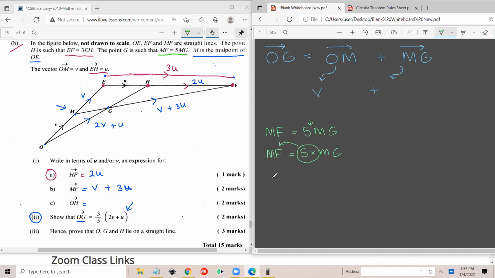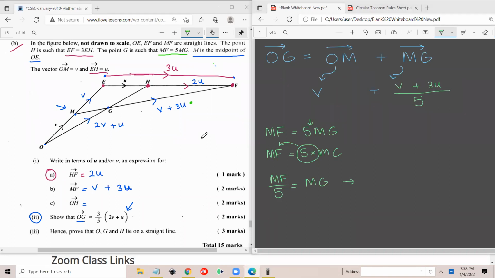So if we take MF and divide it by 5, we will get MG. Luckily for us, don't we have MF? This is MF here. So MG is MF, which is V plus 3U, and we just have to divide the whole thing by 5.